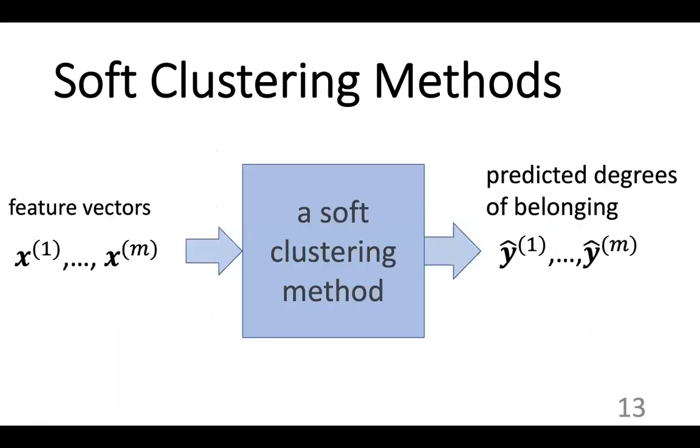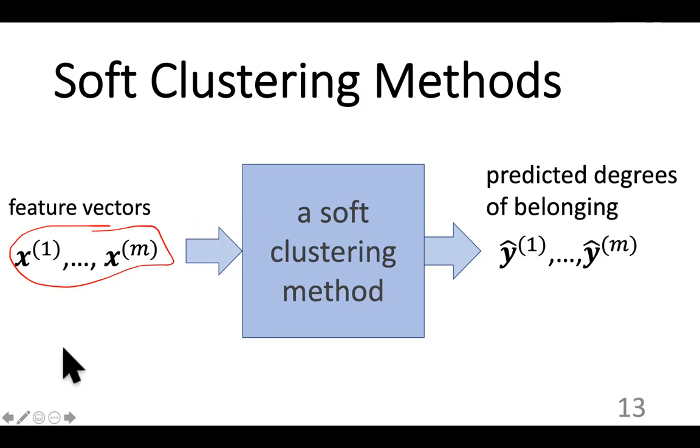And then what a soft clustering algorithm or soft clustering method does, it reads in all the feature vectors. So it reads in the feature vectors of all data points. These are only feature vectors. It doesn't need any labels. And it outputs a prediction or predicted degrees of belonging.